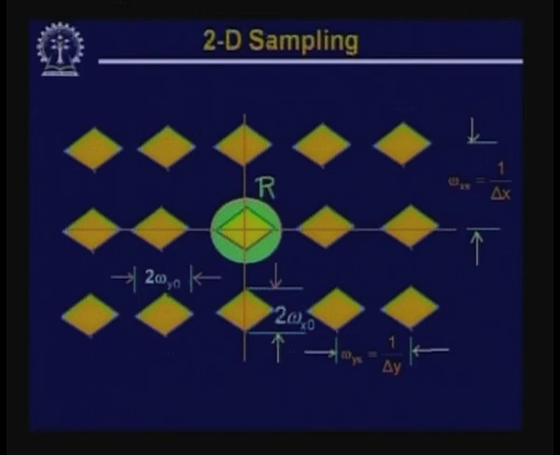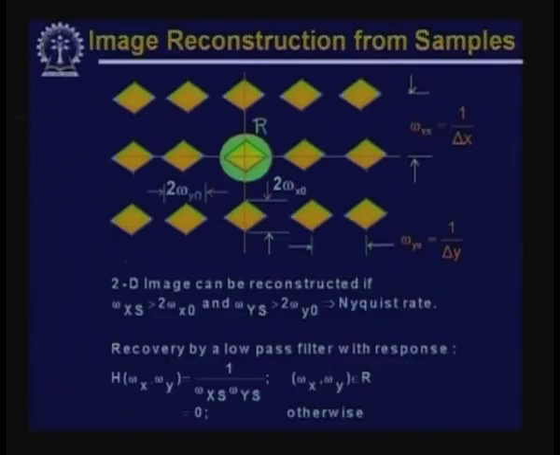Now, if we want to reconstruct the original image from this particular spectrum, then what we have to do is take out a particular frequency band, say the frequency band around the origin in the frequency domain. To take out this particular band, as we have seen before, the signal has to be low pass filtered.